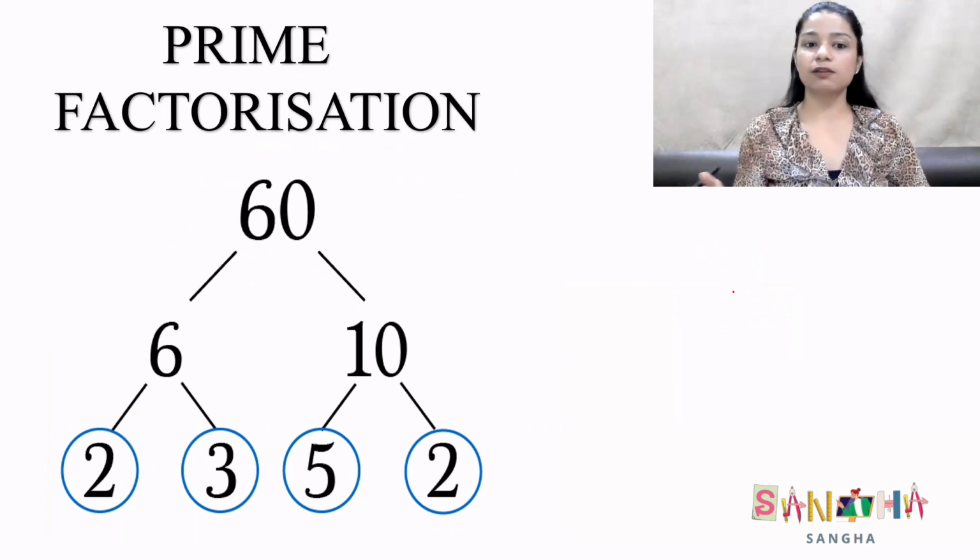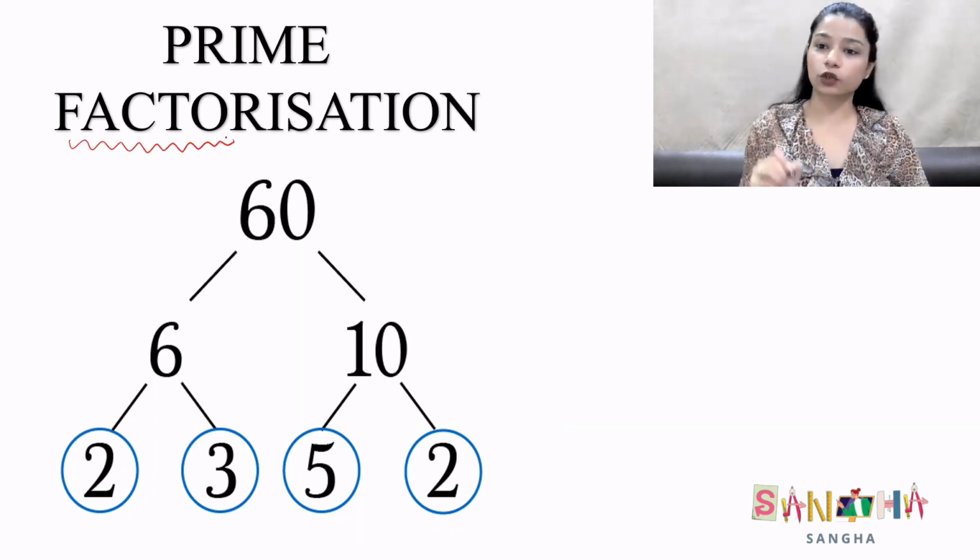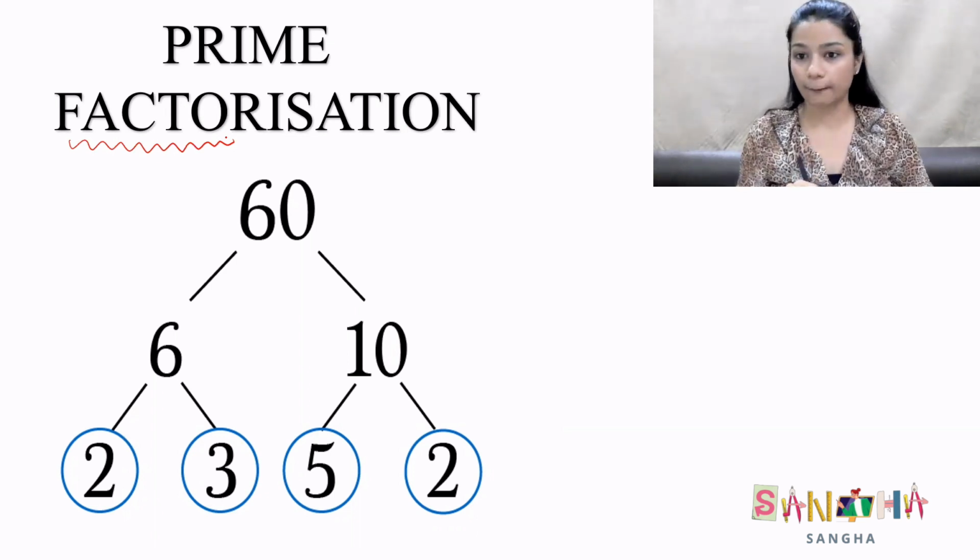Well, once you watch my video about factors, you will come to know what we mean by factors. Now, prime factorization is also very easy. The word prime factorization has factors in it. That means it is also related to factors. You have to find out factors of a particular number.